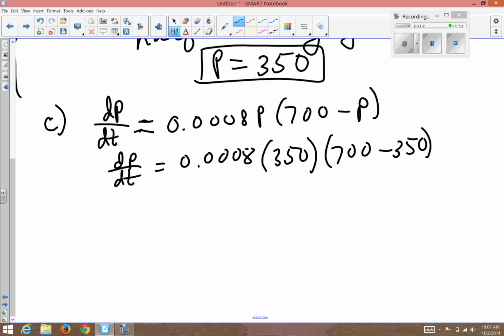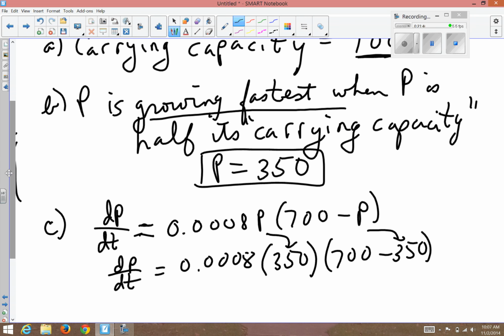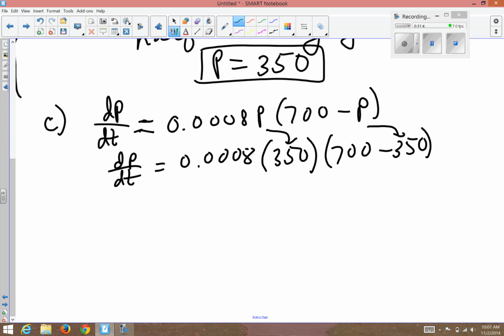That's the rate at which the population is growing when p is 350. In other words, I said when p is 350, that's when it is growing fastest. 0.0008 times 350 times 700 minus 350 is 98.